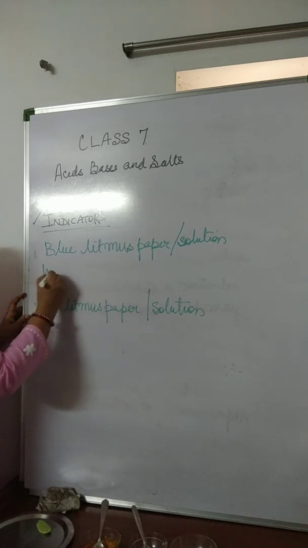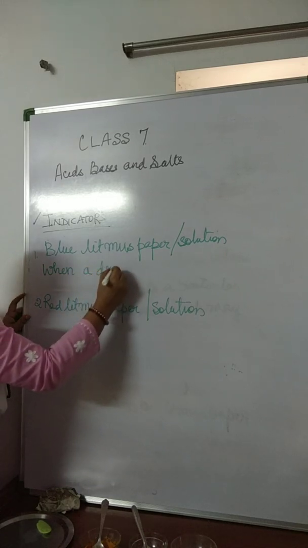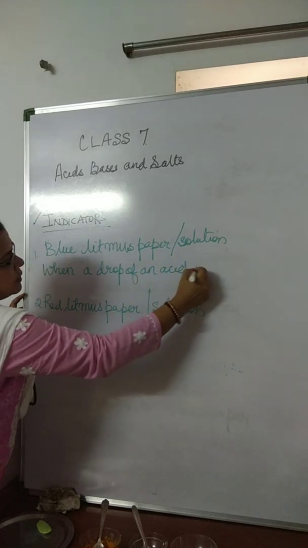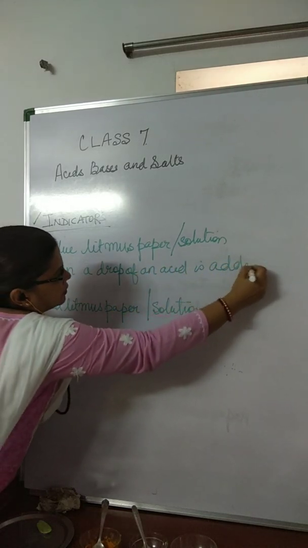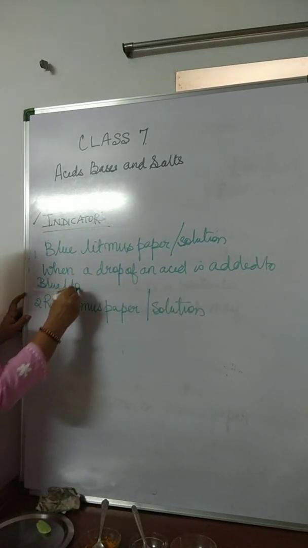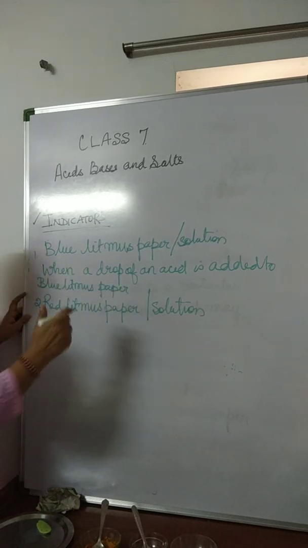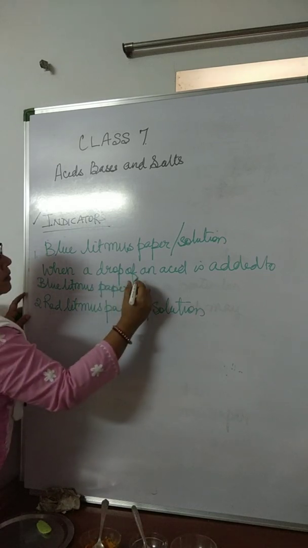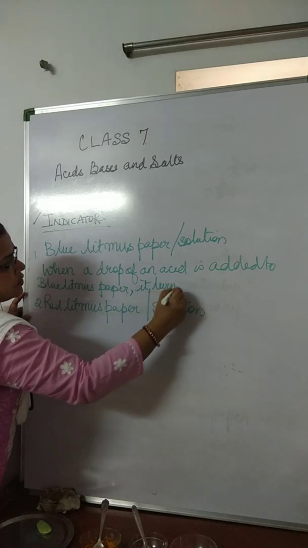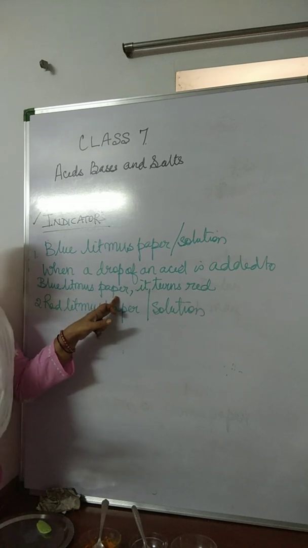So, when a drop of an acid is added to blue litmus paper, and the paper should be wetted, blue litmus paper turns red. So this indicates the acidic nature.